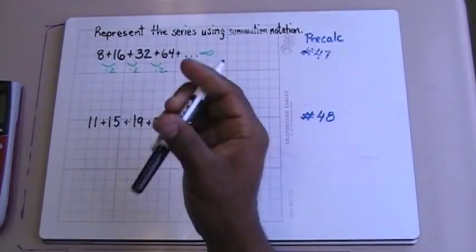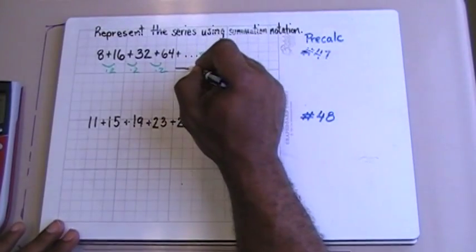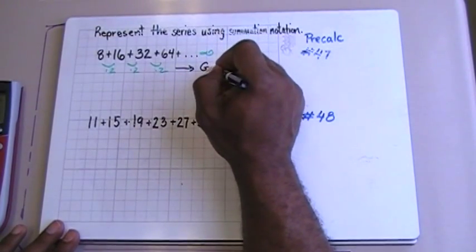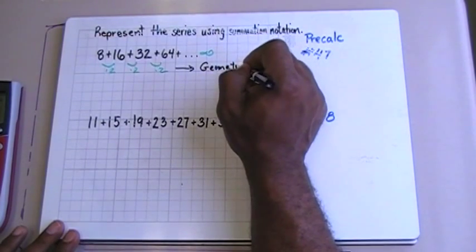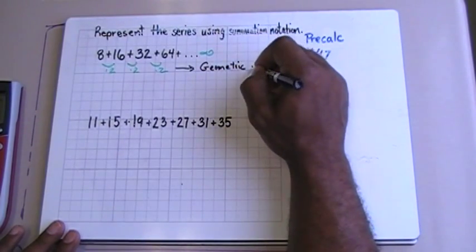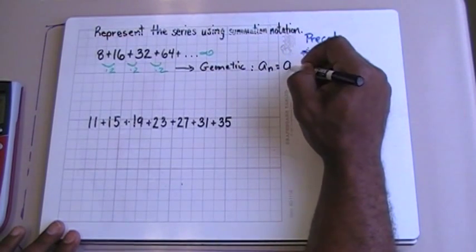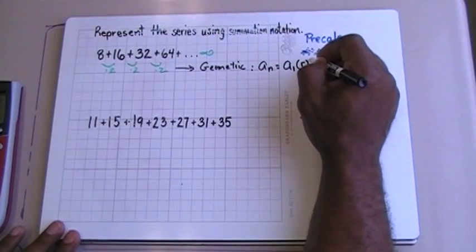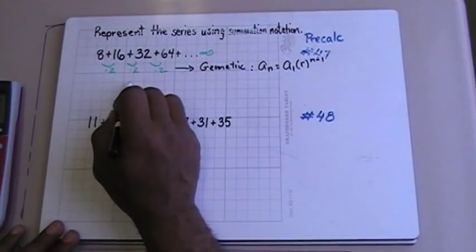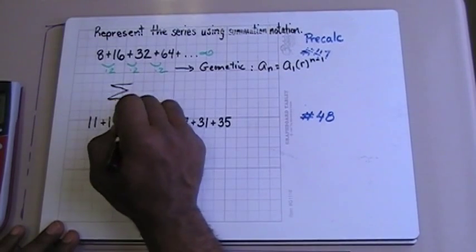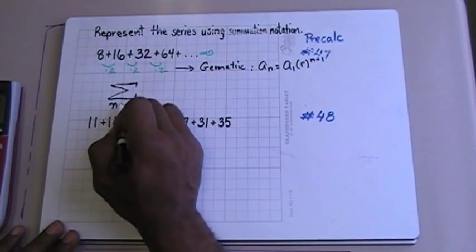Since it is times 2, what we have is a geometric series. When it's geometric, we use a_n is equal to a_1 times r to the n minus 1. So we have the summation. We start at n is equal to 1.